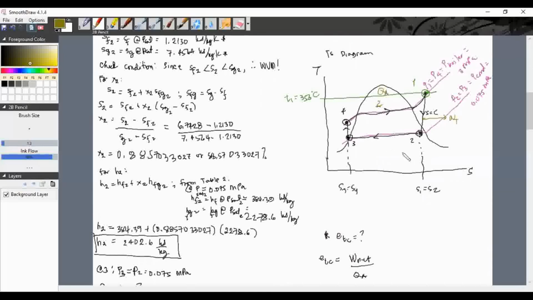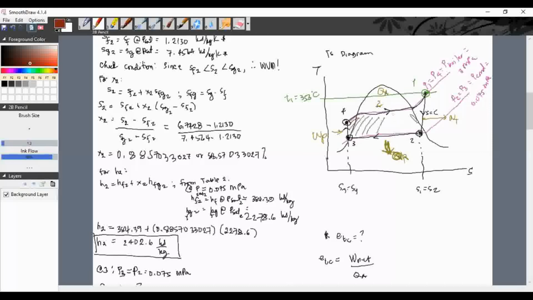Pasok dito si work ng pump. Dito pala yan. Pasok dito si work ng pump. And then, dito is labas, no? Lalabas si QR. So, heat rejected. Nasaan si work dyan? O, ito po. Yung area dito.